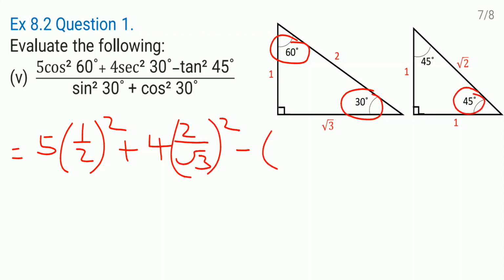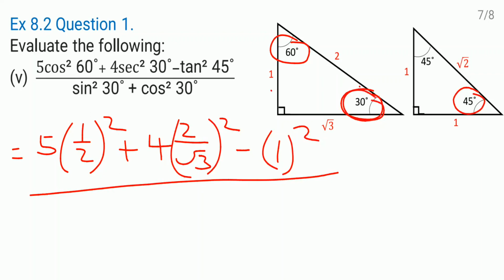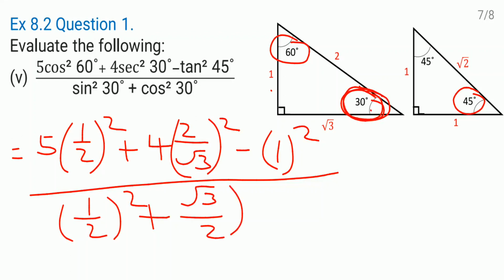Here tan means opposite by adjacent. Tan 45 square, that means 1 square. Divided by sin square 30. Now see sin. Sin 30 means opposite by hypotenuse. 1 by 2 bracket square. Plus cos square 30. Cos square 30 means adjacent. See here 30 degree adjacent by the hypotenuse. Root 3 by 2 and the bracket square.